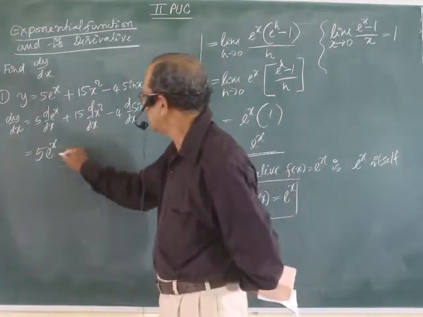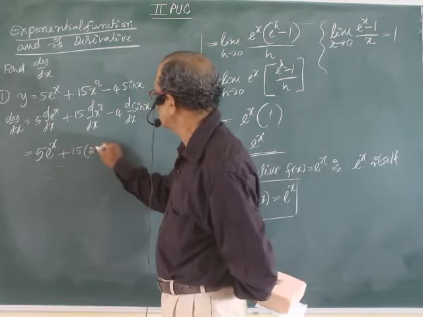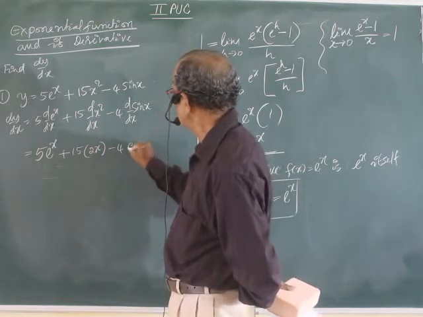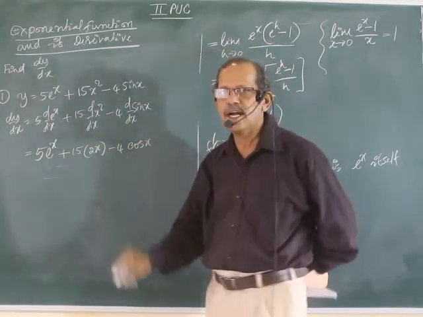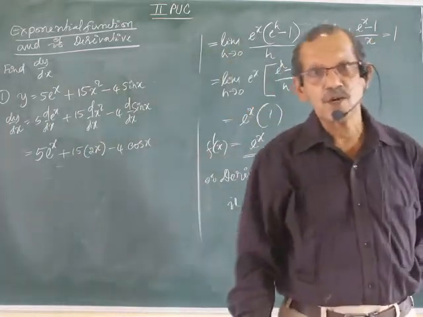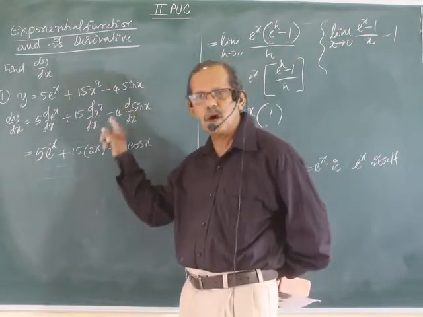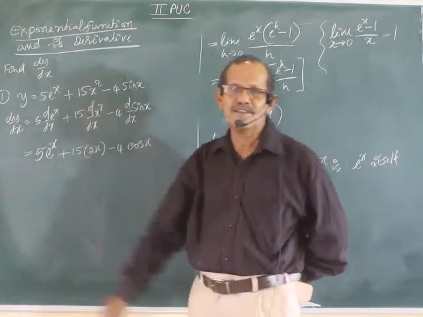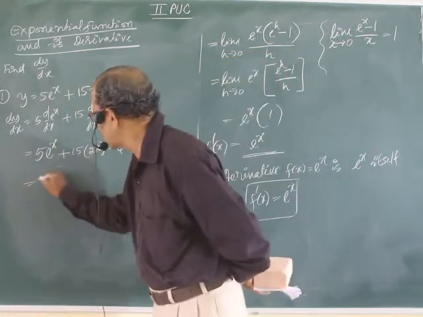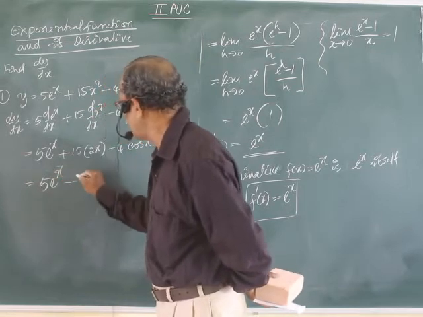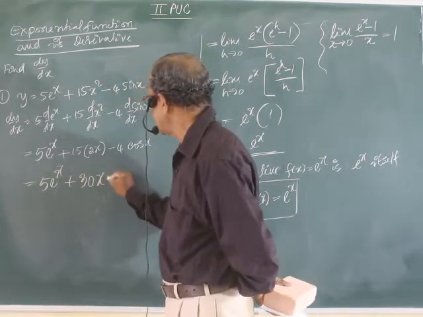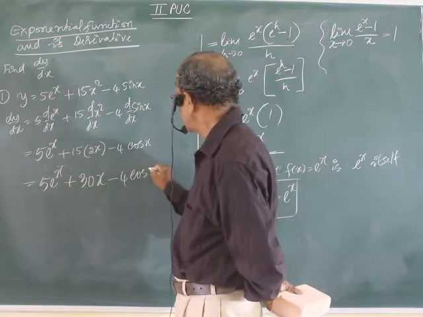Remaining things you already know: 2x, and 4 into cos x. I have included those two functions also, so that in the given function you get a trigonometric function, polynomial function, exponential function. Final answer will be 5e to the power x plus 30x minus 4 cos x.